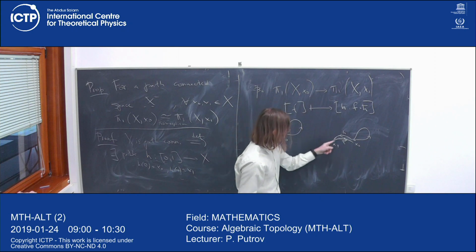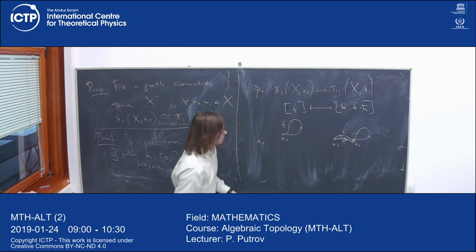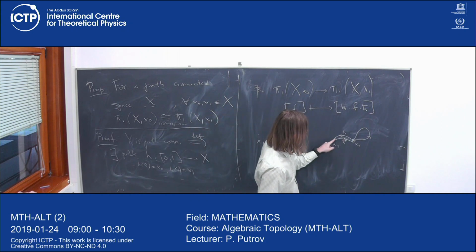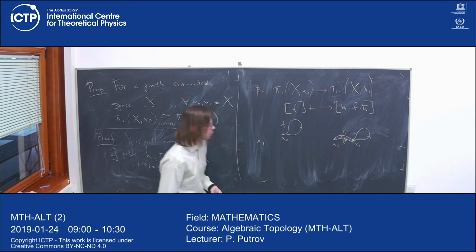They have the same trajectory, but they go in different directions. And so for this combination, I start at x1, I go along h bar, I go along f, and then I return using path h. So this gives me some loop.